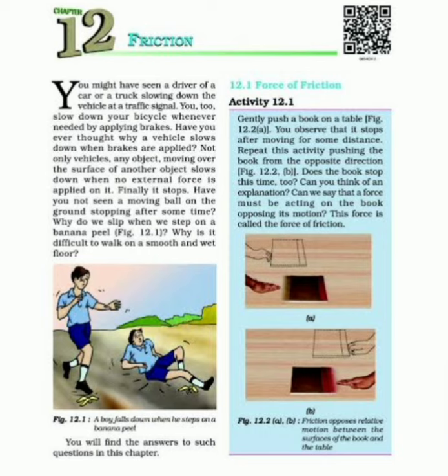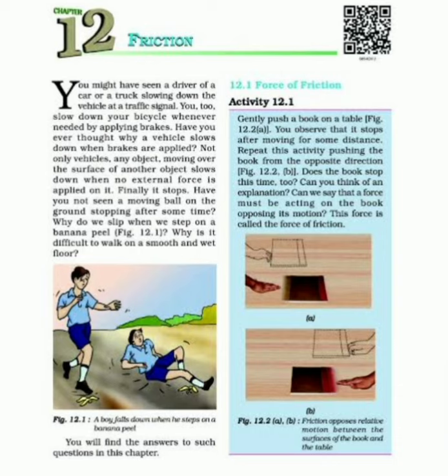Have you ever thought why a vehicle slows down when the brakes are applied? Not only a vehicle, any object moving over the surface of another object slows down when no external force is applied on it. Finally, it stops.